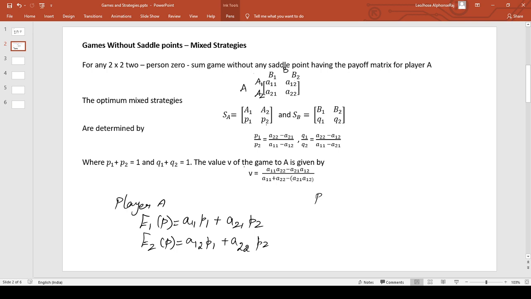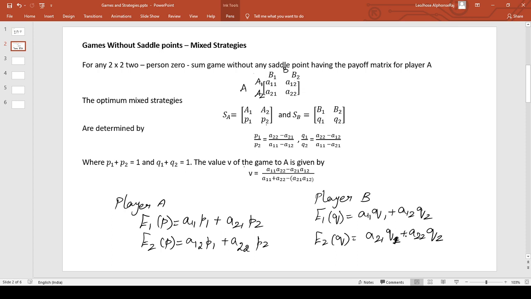Similarly, for player B also, we can write the payoff, that is E1 of Q, assuming that A is going to use the A1 strategy. Along the row you have A11 Q1 plus A12 Q2, and E2 of Q, considering the second row, is A21 Q1 plus A22 Q2.